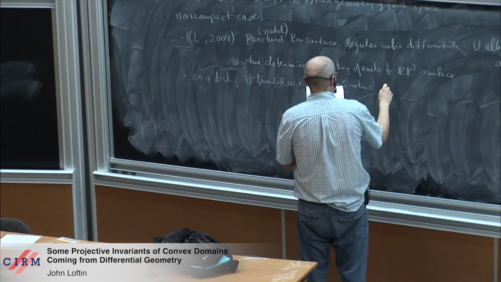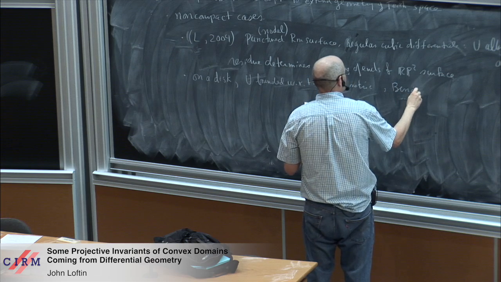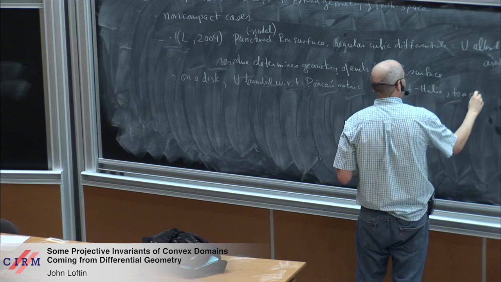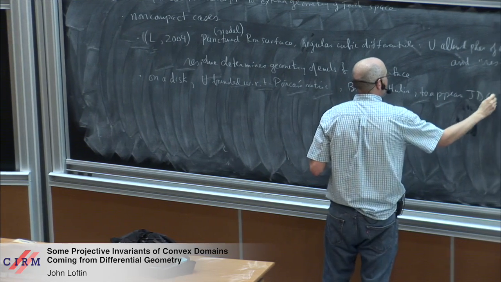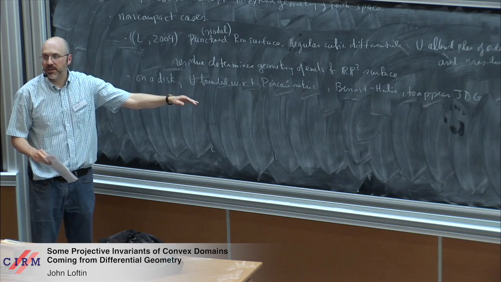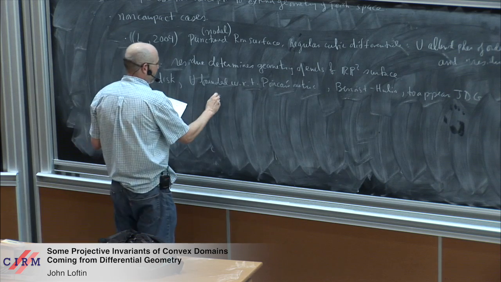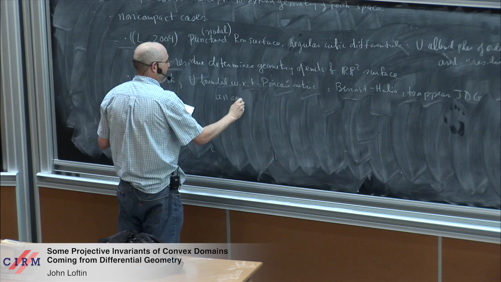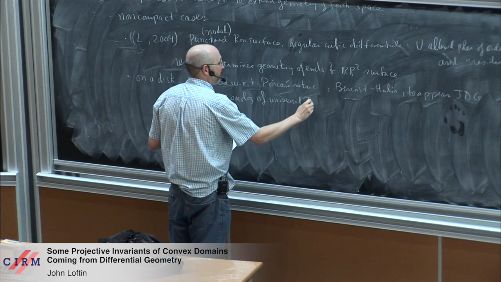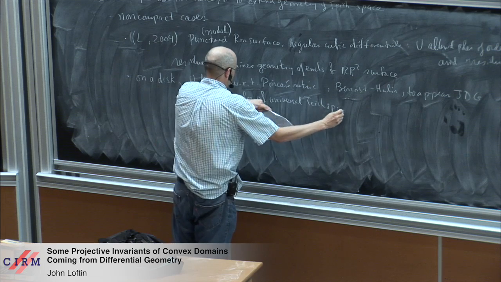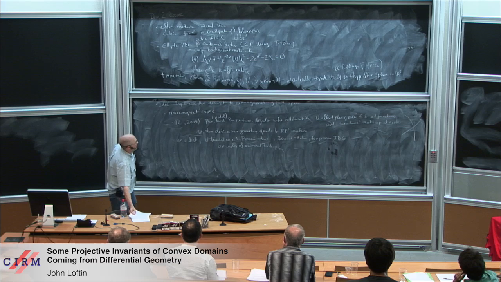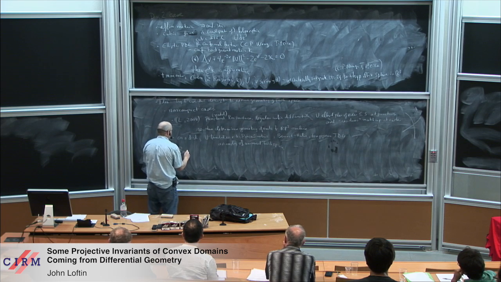Then recently, Benoit Noulin, in a preprint, I think this is to appear in JDG, they can solve this equation, and actually they have a nice description. This is going to be an analog of a universal Teichmüller space. Okay? All right.